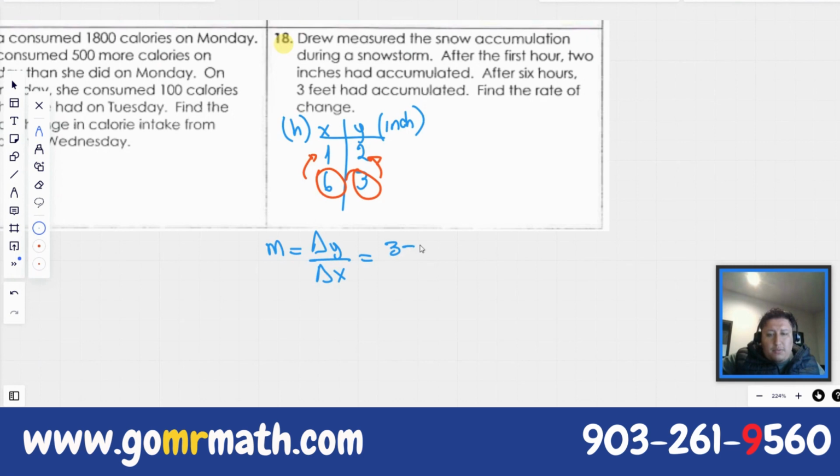So we will have 3 minus 2 over 6 minus 1. So we'll have 1 over 5, which is 0.2 inches of snow per hour.